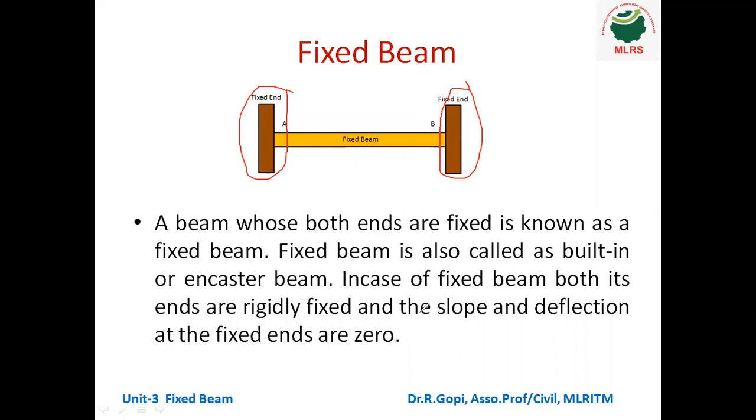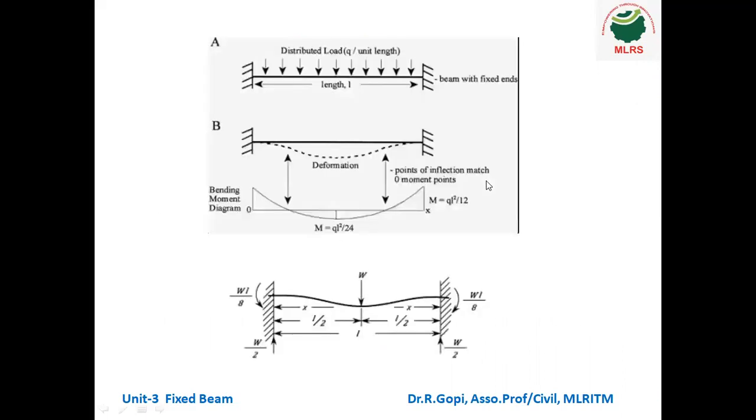In case of a fixed beam, both its ends are rigidly fixed and the slope and the deflection at the fixed ends are zero. This point is very important. The slope and the deflection at the fixed end are always zero because it is rigidly fixed. There is no movement.